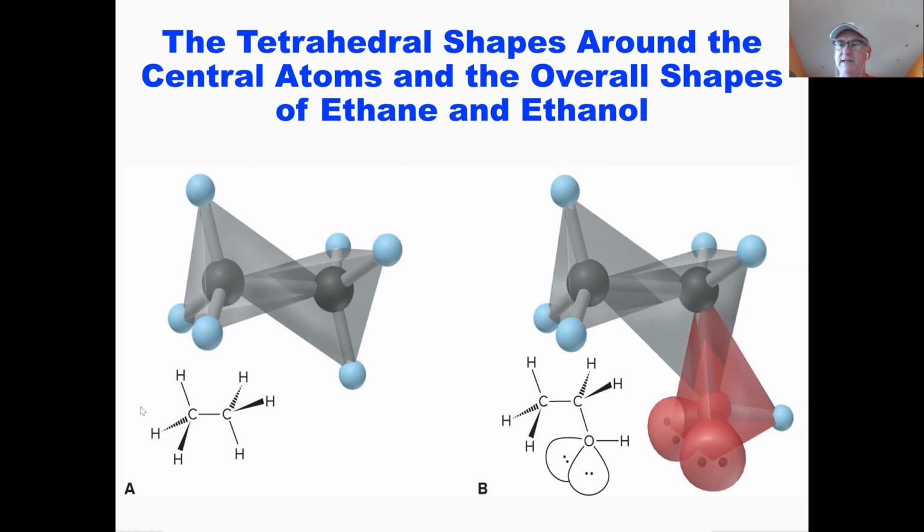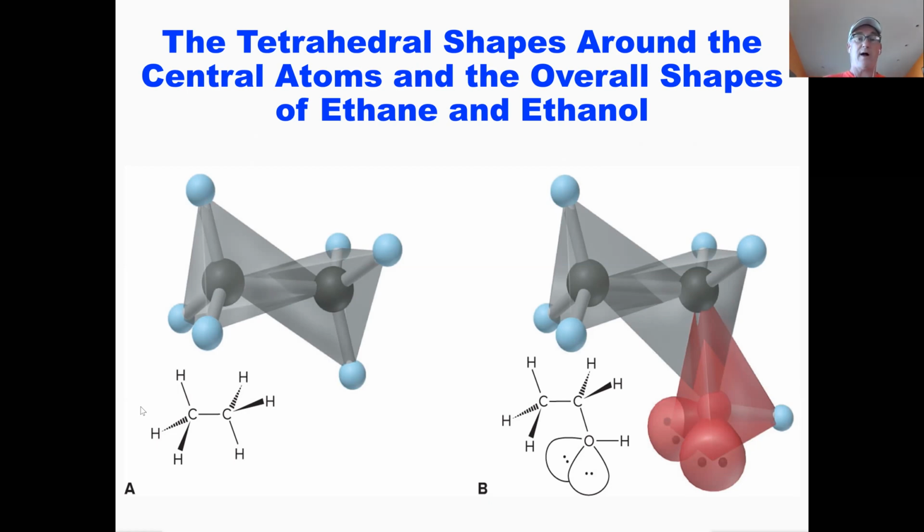Are they in the same orientation on both carbons? They're mirroring each other. Are they, though? I would say they're not. They are not mirror images of each other. They're like upside down mirrors. Yeah, they're upside down.